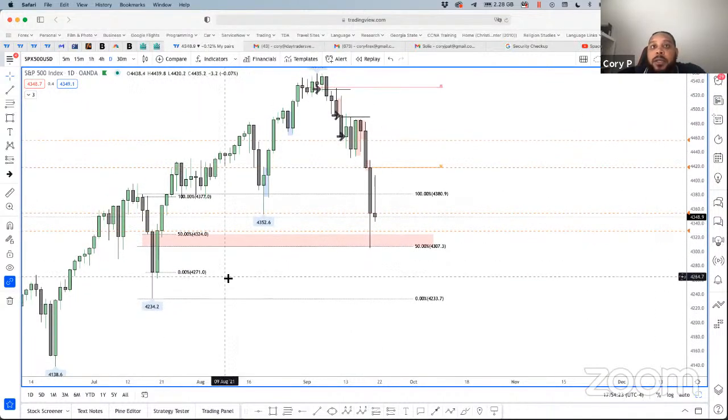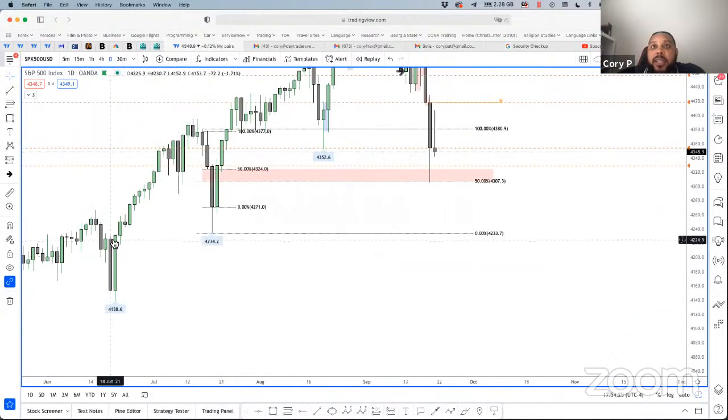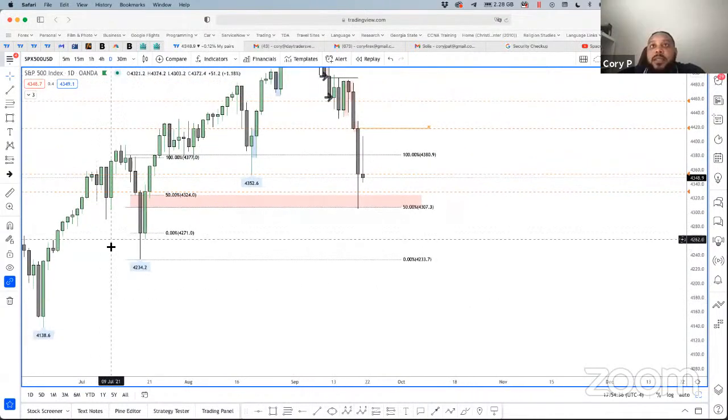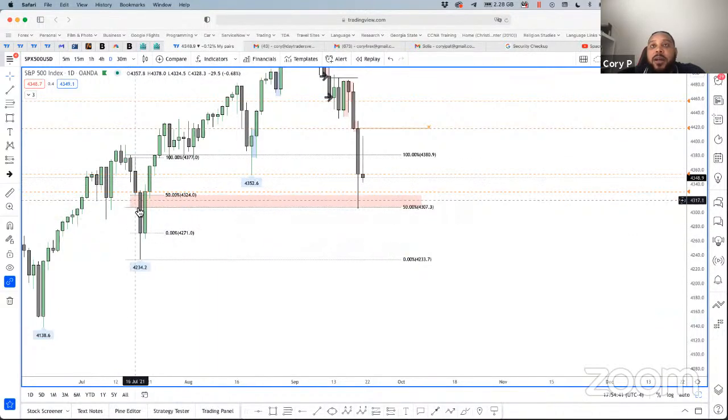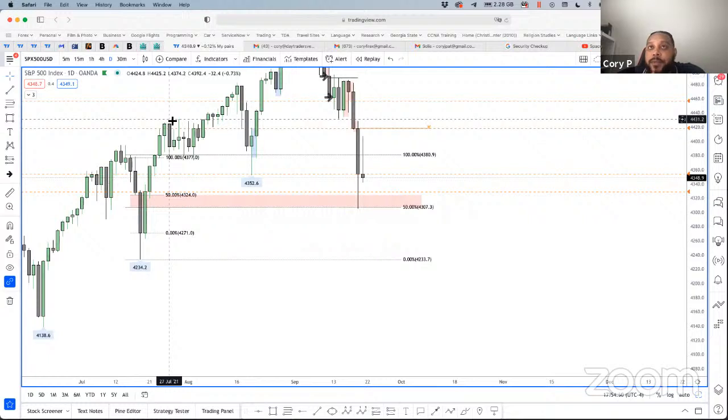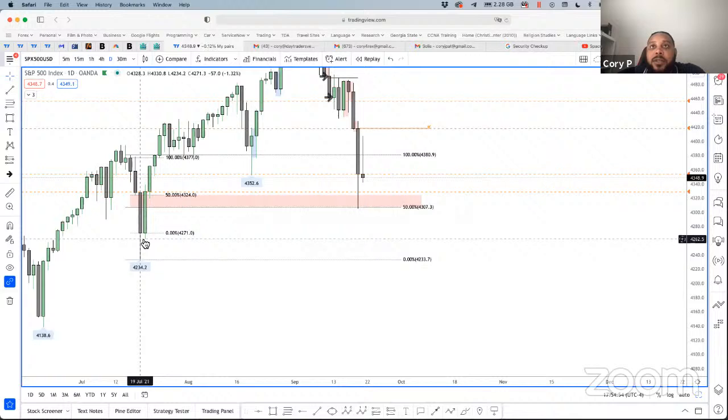This one right here is just a single candle order block. And then this is a series of candles, a series order block, where you have multiple candles in the down move before the up move. So you would want to consider all of these candles.